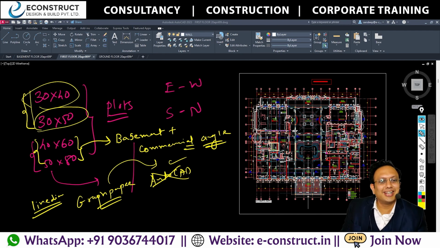And don't go 30, 40 east facing villas. Kitna hai? Chalo. You will develop yourself like clerk. Don't do that. You want yourself to be a project manager or you want yourself to be a clerk? You understand this question first. You can take the reference.